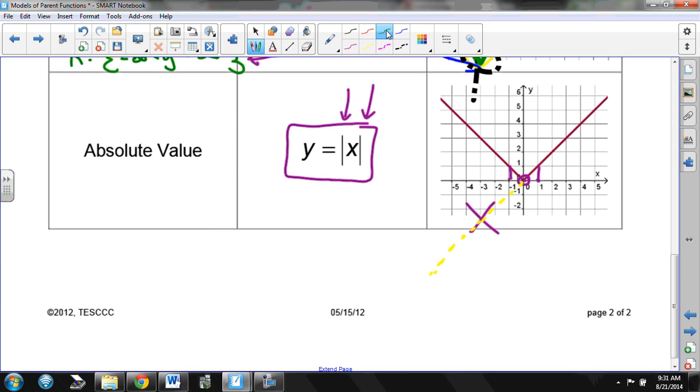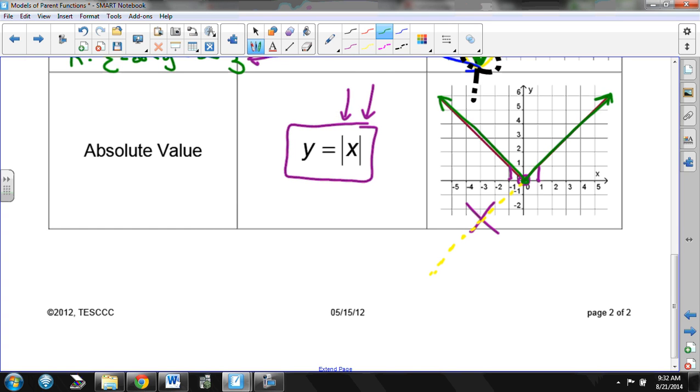The absolute value function is a sharp V shape. Don't confuse that with the quadratic parent function, which is a curved U shape. Sharp V shape here. Comes down, touches the origin, goes back up. Decreases for negative values for x, it increases for positive values for x.